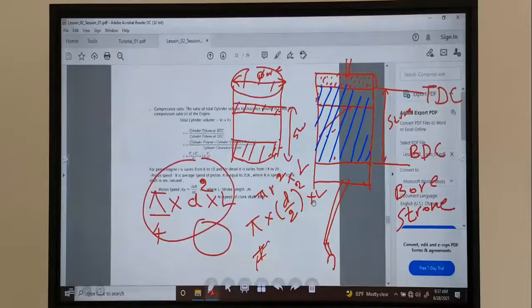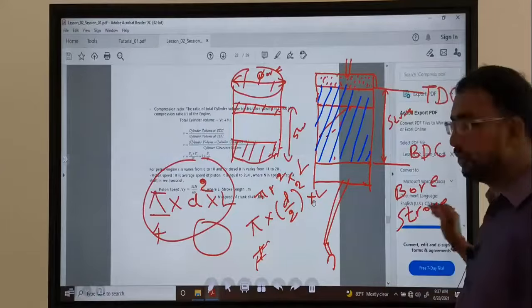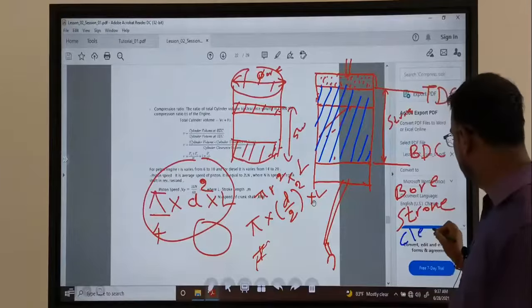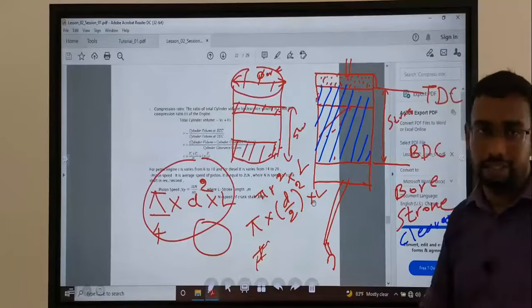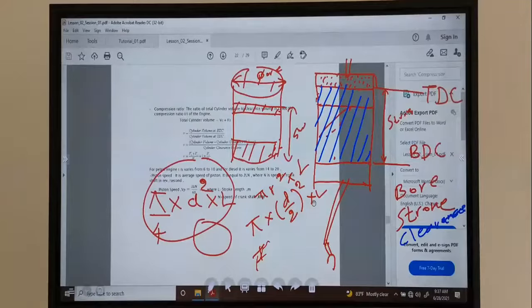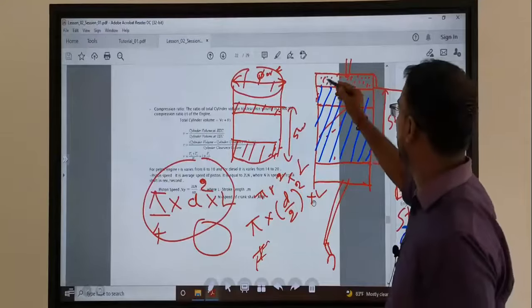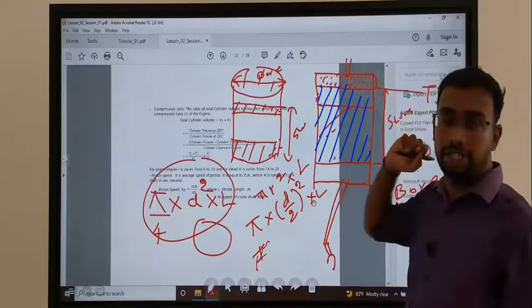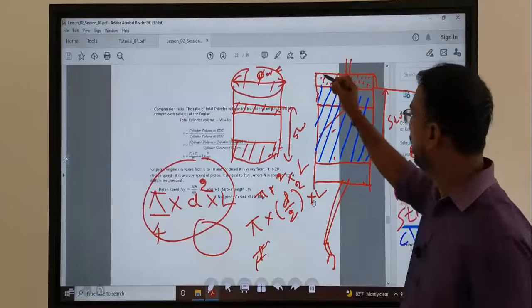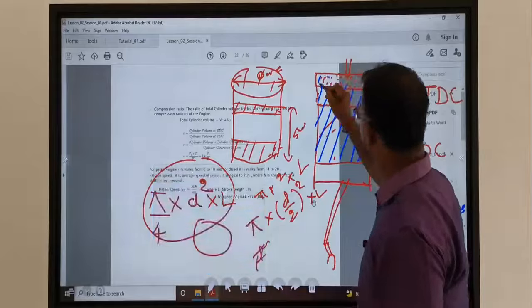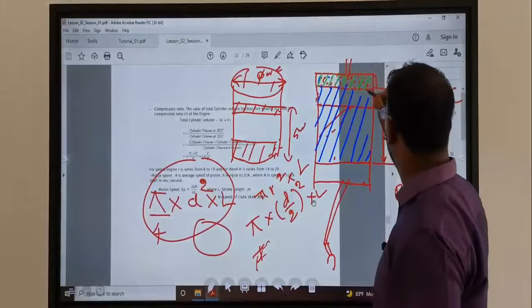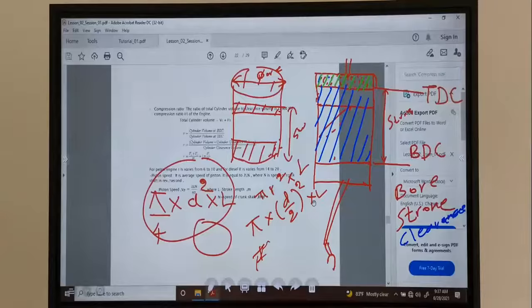What is clearance volume? This is the stroke volume, or swept volume. The other is clearance volume. Clearance means the volume that remains when the air is compressed. This remaining volume is called clearance volume.